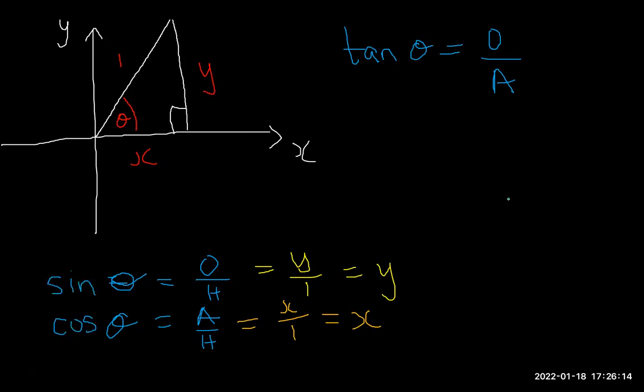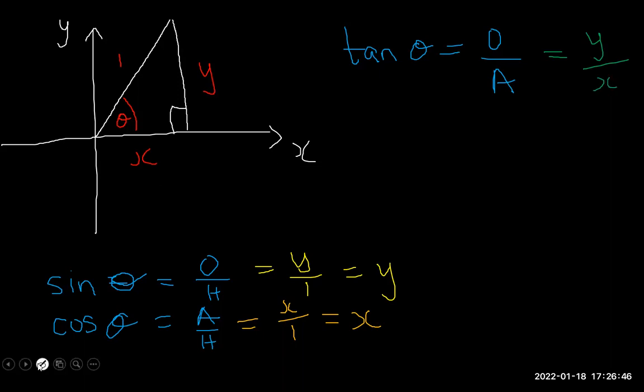If I look at this triangle, so this is my angle theta, right? Can any one of you tell me which side is opposite to angle theta? 1, y, or x? Which side? Miss, I would say y. Y. Which one is adjacent? That would be x. X. Yes, good job.